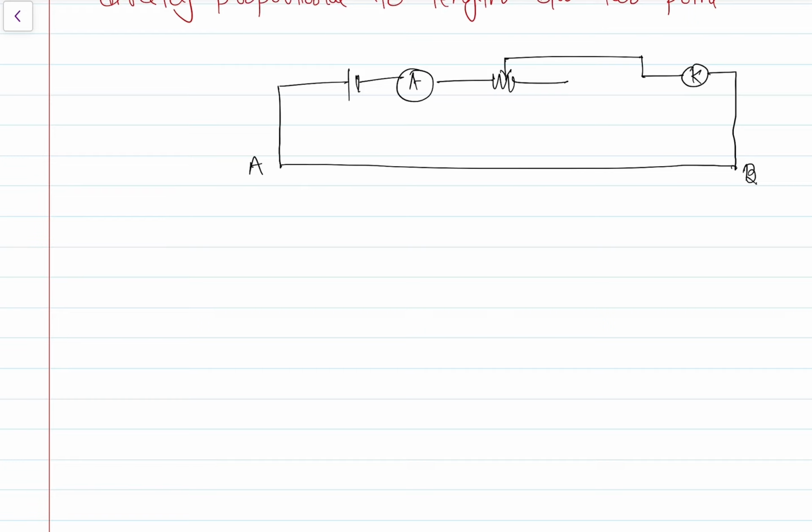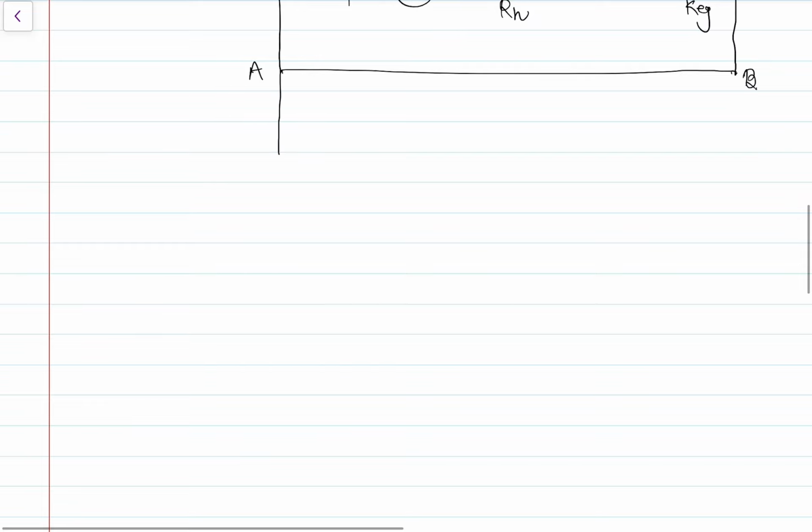This is the battery of EMF E, this is the rheostat and this is the key. Now here is point P and here is one jockey, and the jockey is connected in series with the galvanometer, and here Q.